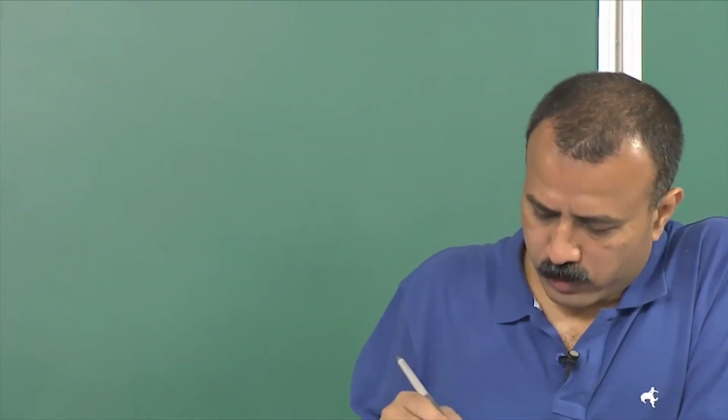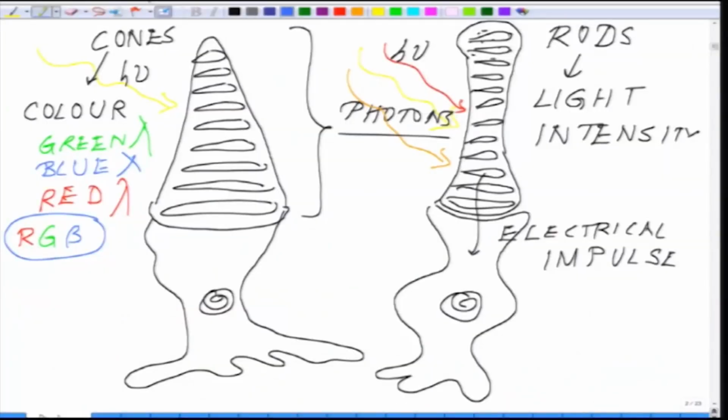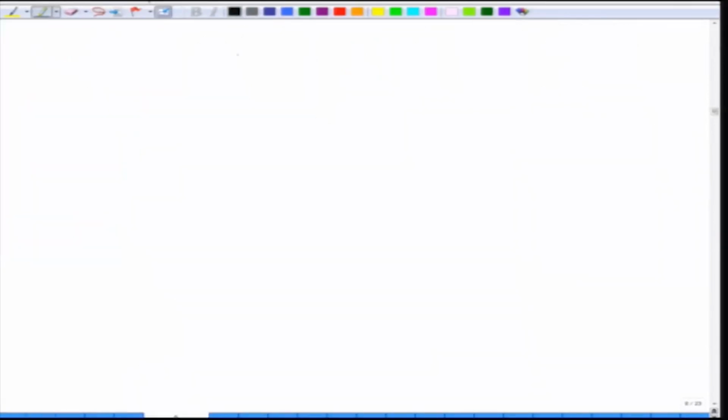Okay. So, now I will give you the membrane structure here. Now, let us see the structure of the membrane. We will be talking mostly about the rods at this time. For rods, the signal processing is fairly the same.